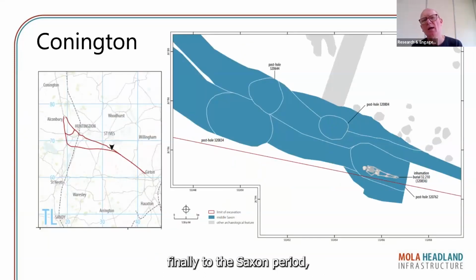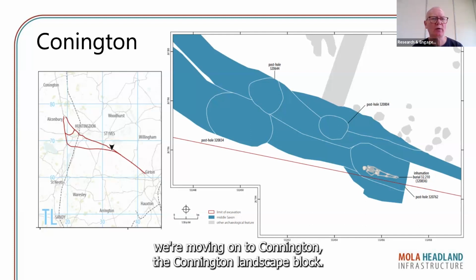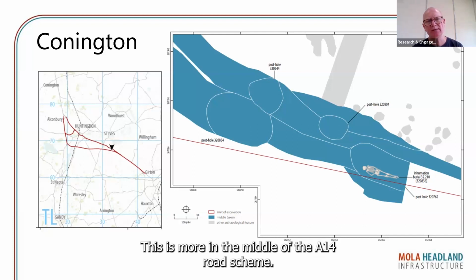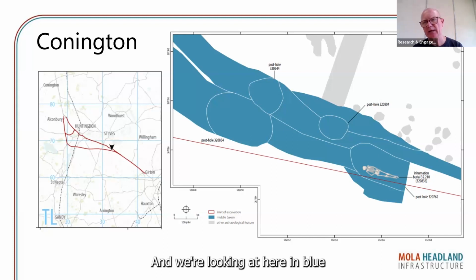Okay, moving on. Finally, to the Saxon period, we're moving on to the Conington landscape block. This is more in the middle of the A14 road scheme. And we're looking at here in blue, a large circular enclosure.